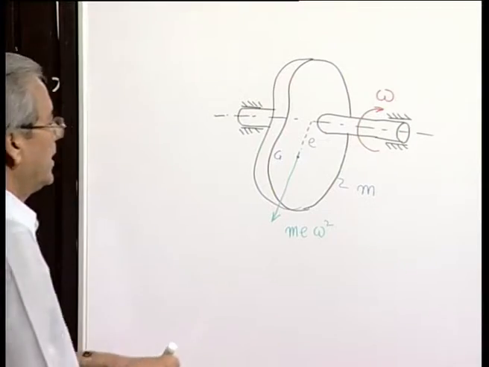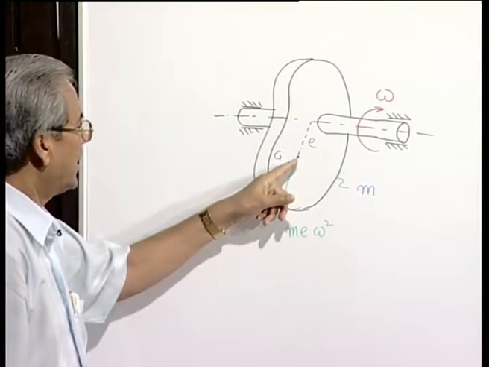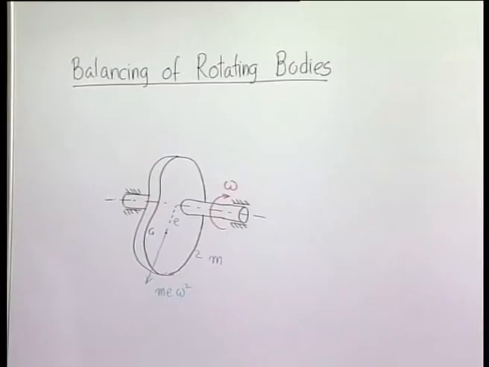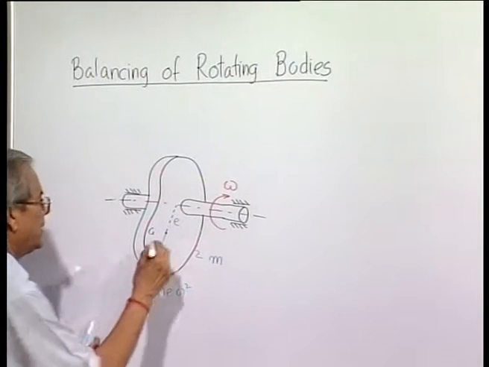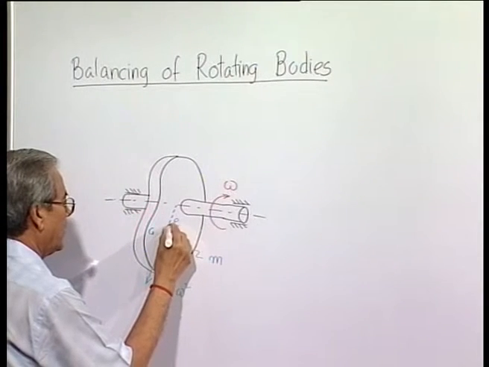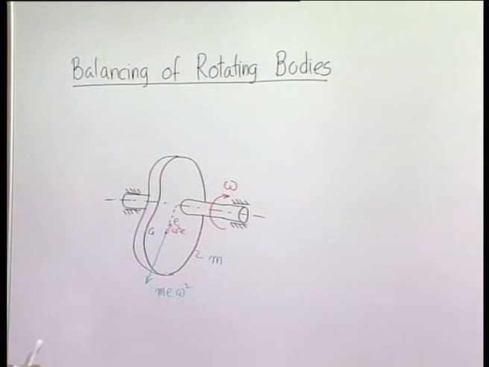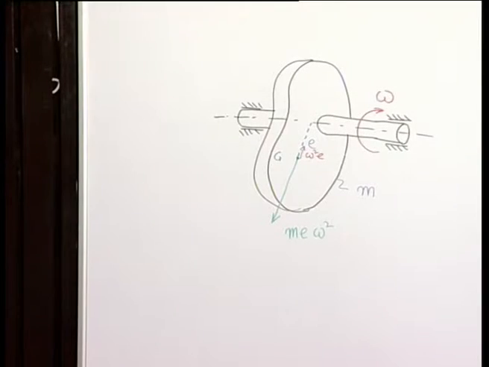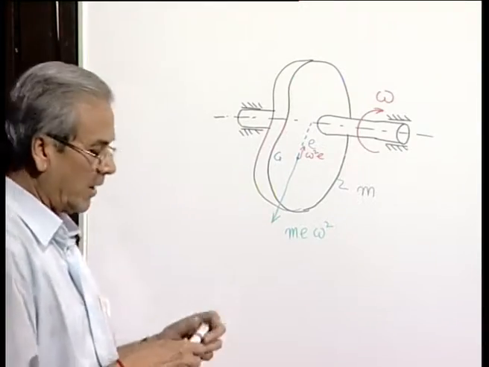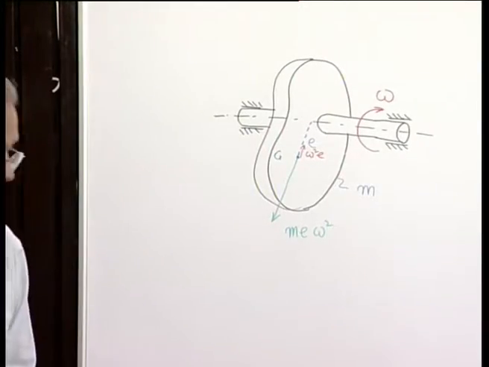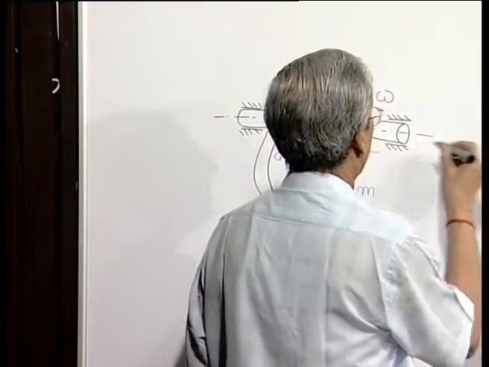The acceleration is in this direction, I should have indicated it. And minus m into acceleration, that is the inertia force, is the centrifugal force, you all know that. Now, at any instant what will happen to the support?